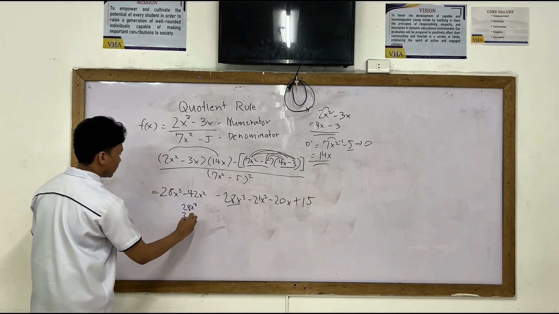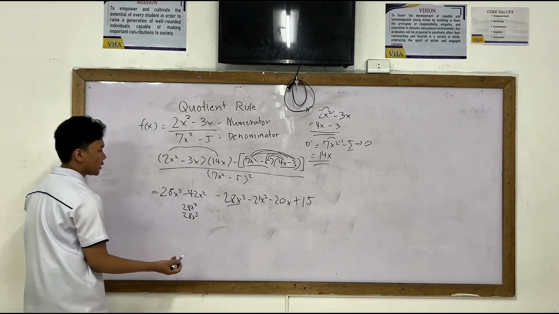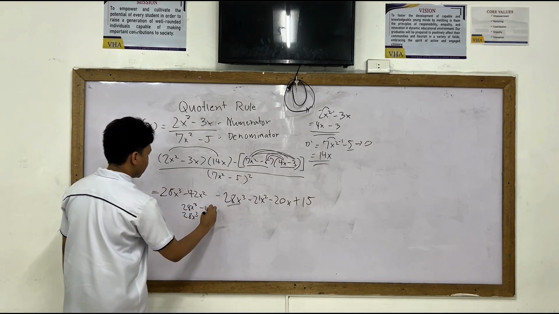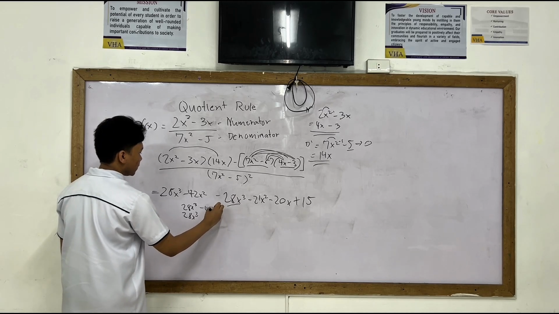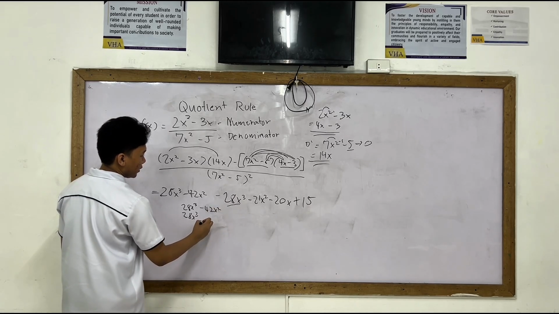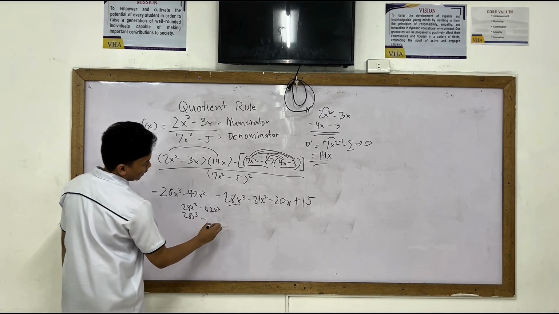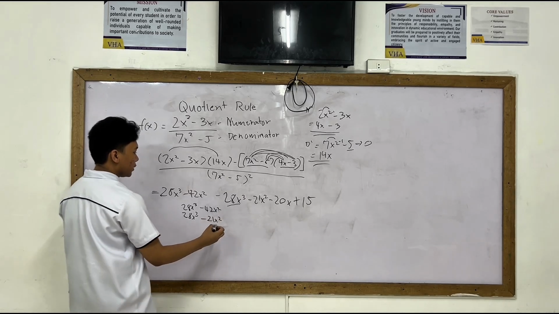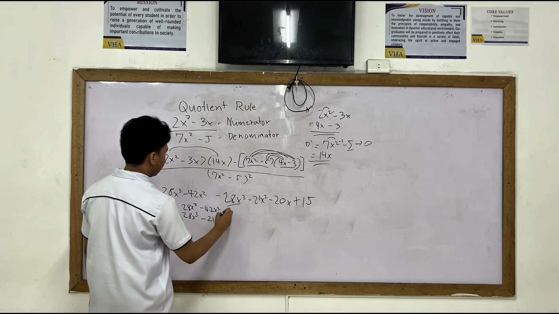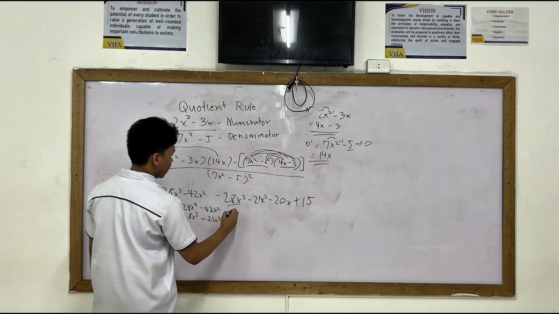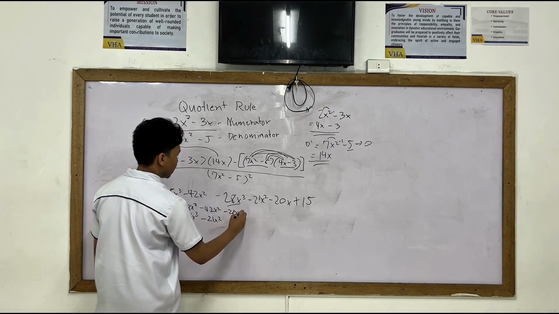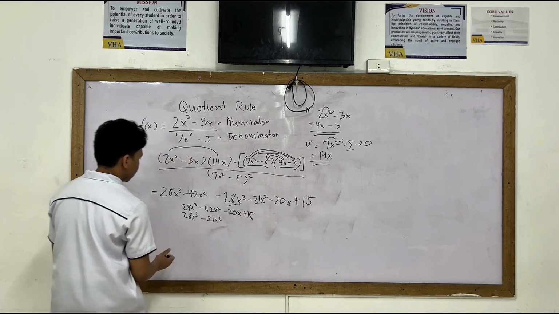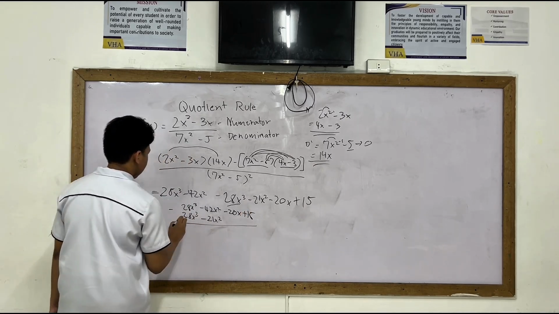So go this way: negative 42x², and negative 21x², and there will be negative 20x and plus 15. And we just subtract it.